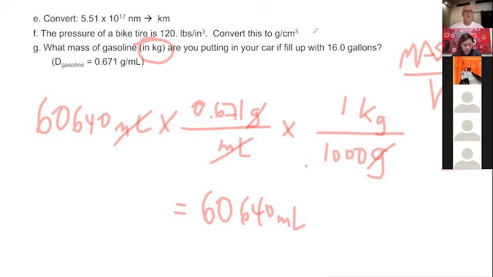So it's basically 60,640 times 0.671 divided by 1,000.